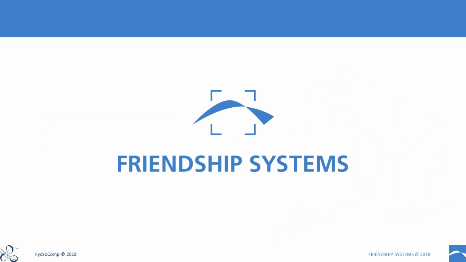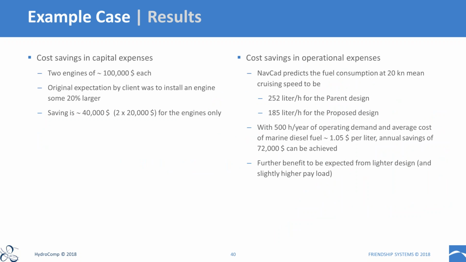Okay. So let's come to the final results. By doing all these different steps in the process, in the end, the result is some significant cost savings in different fields. First of all, in terms of capital expenses when building the vessel, the vessel is supposed to be equipped with 2 engines that are in a range of $100,000 each.